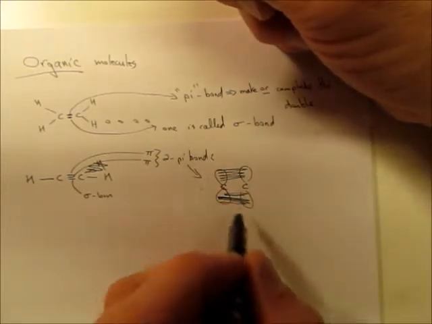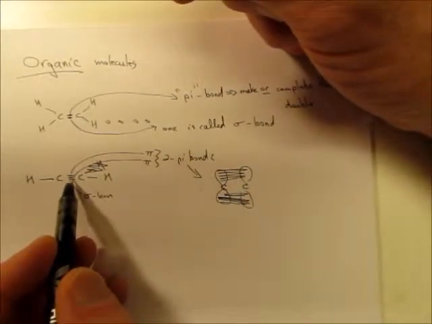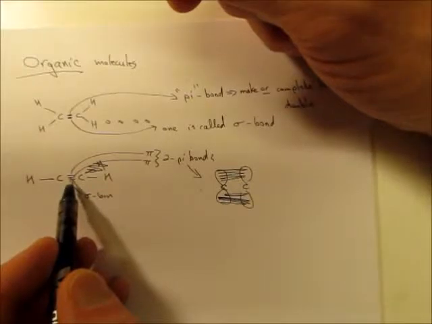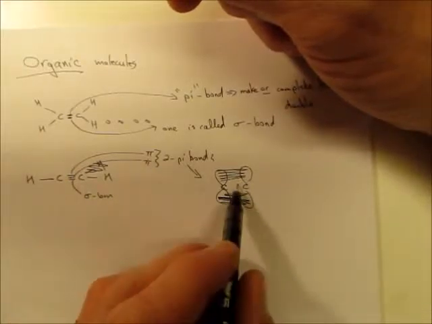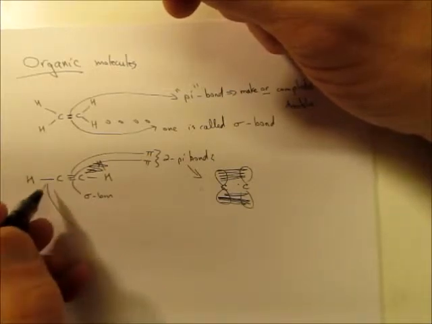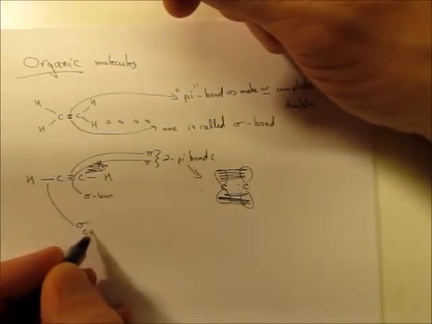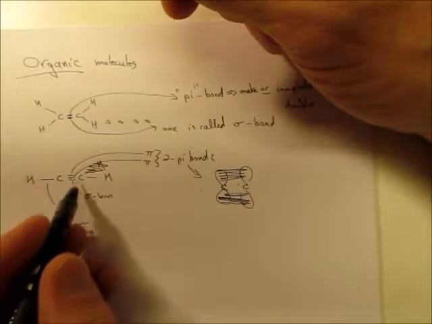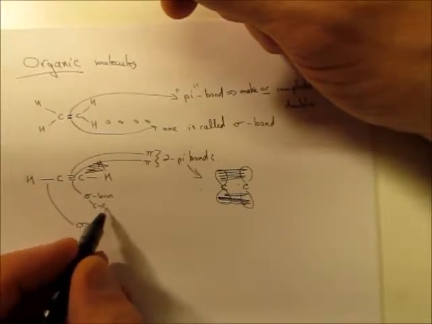That's the pi bond. And in this case, you're going to have two of those sticks, which are pi, done this way. Even this one is called a sigma carbon-hydrogen bond, and this one would be a sigma bond between the carbons.